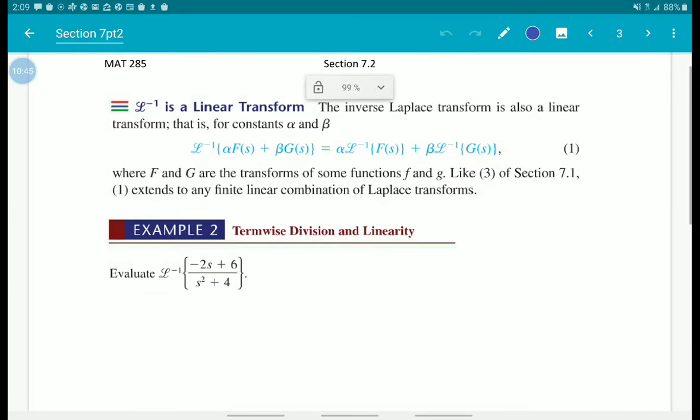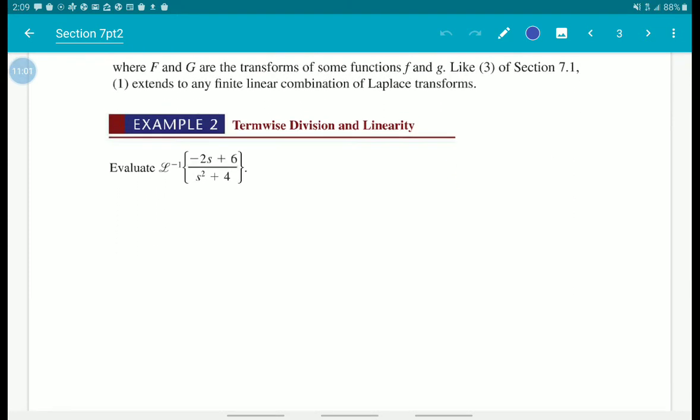The inverse Laplace is a linear transformation. So all those linear transformation properties still apply. We can split this up into the sum of two inverse Laplaces and factor that constant term out. So I want to do a few more of these. Let's look at example 2. Now we've got a lot going on here, and there's not a formula that's going to quite match this.